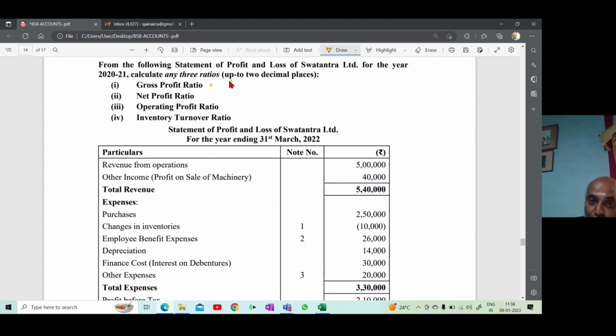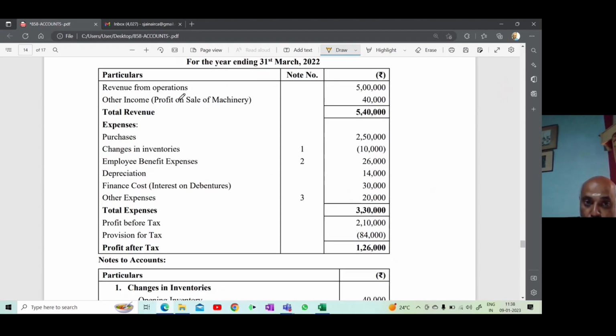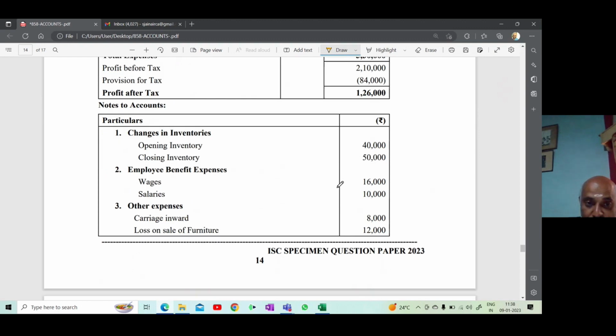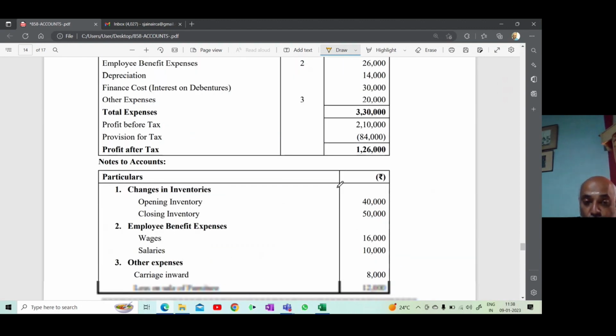Gross profit ratio formula is gross profit over net sales or revenue from operations into 100%. You know revenue from operations is 5 lakhs and you have to find out gross profit.